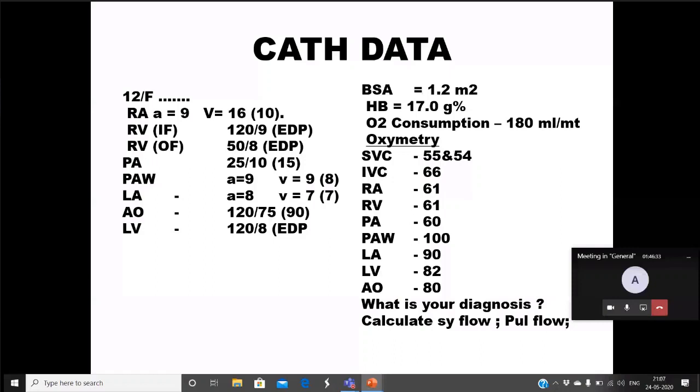Sometimes there can be difficulty whether it is a double outlet right ventricle, but in double outlet right ventricle, RV outflow obstruction is very uncommon. So all put together, I would consider this almost a classical hemodynamic data of tetralogy of Fallot with an atrial septal defect, with the right to left shunt at the atrial septal defect level.